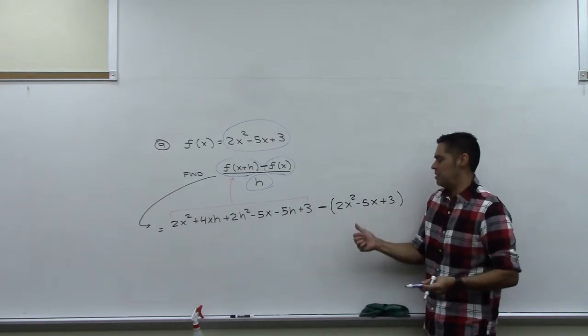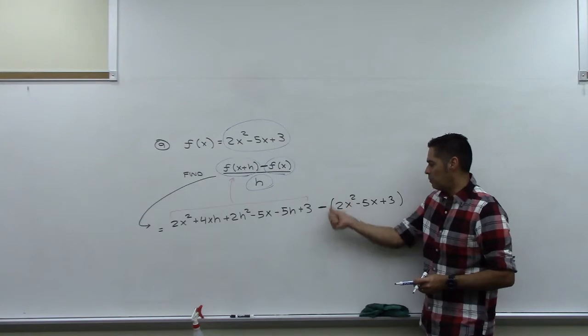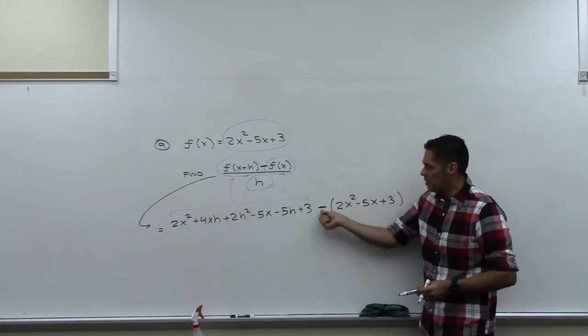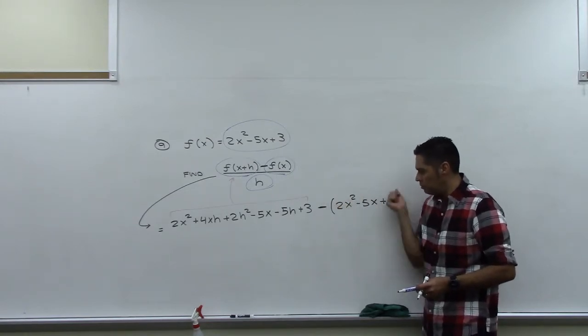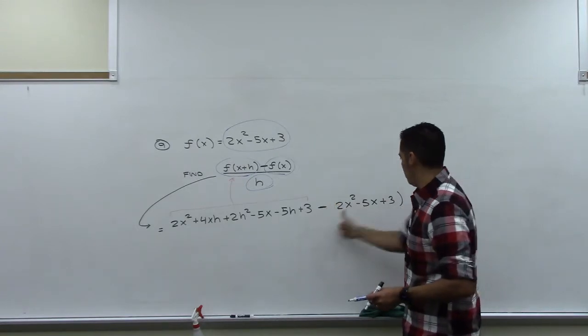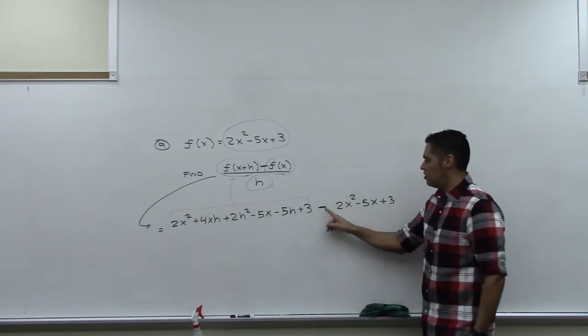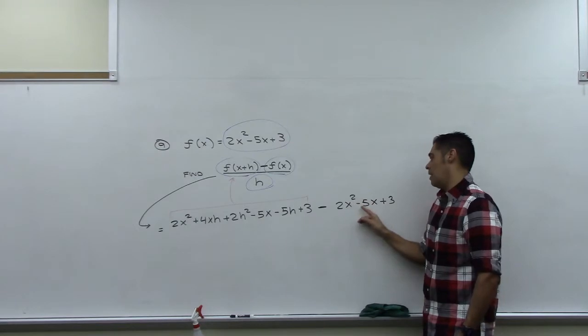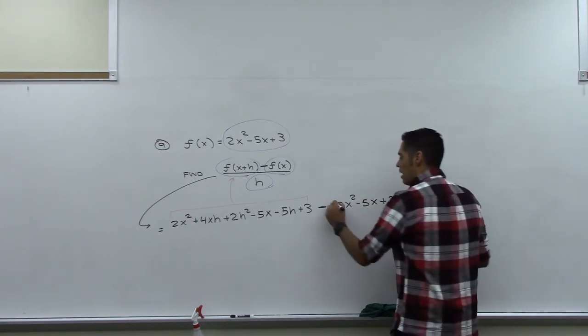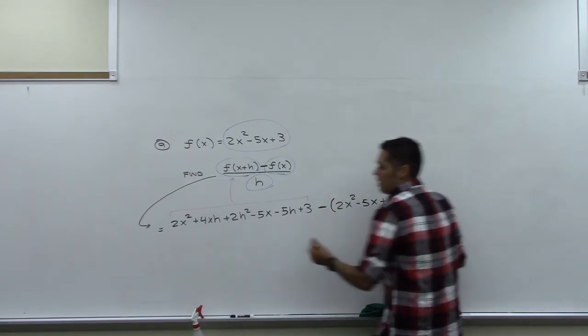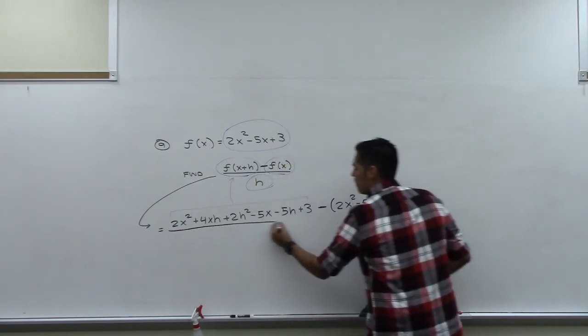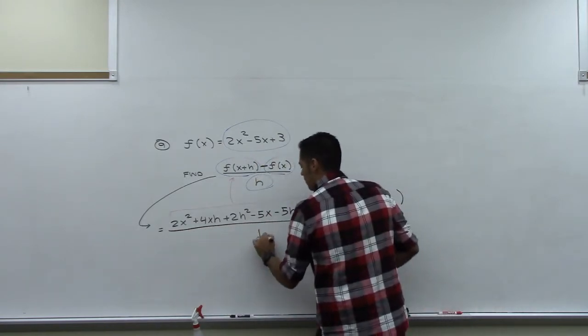One of the most common mistakes with difference quotient is to forget the parentheses around your f of x, because the negative sign must distribute through, right? If you don't have these parentheses, then you actually think that it's just minus 2x squared minus 5x plus 3. In fact, it's not going to be that after I distribute. Now, all of this is divided by h.